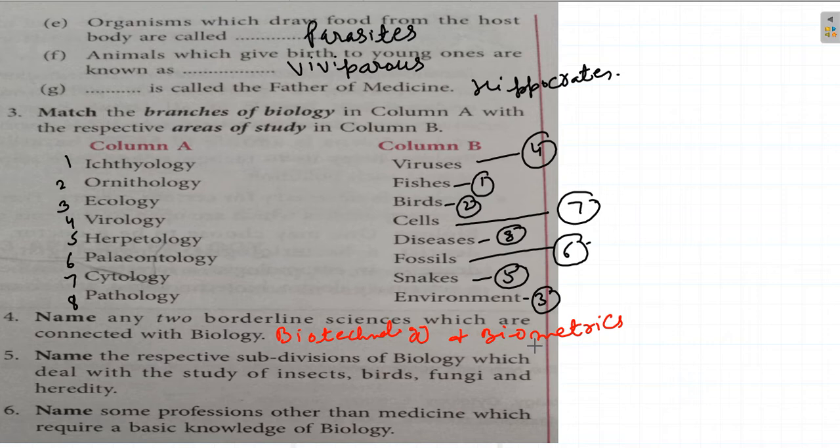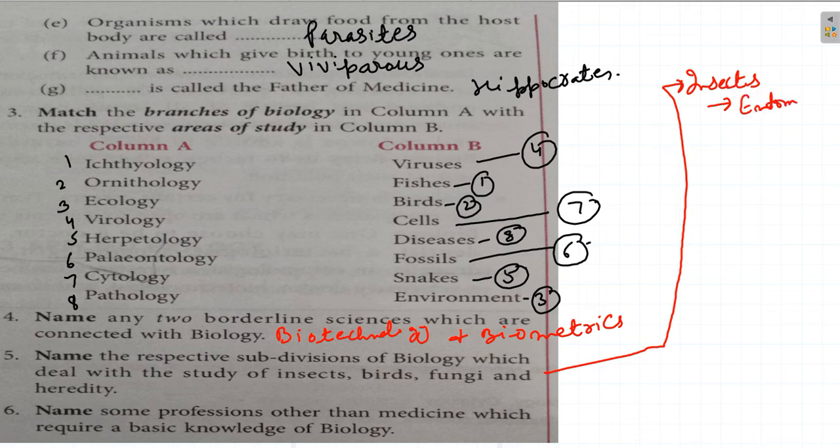Name the respective subdivisions of biology which deals with the study of insects, birds, fungi, and hereditary. So I am writing here. Insects, study of insects, you have already, this is what? Entomology. Next is study of birds.